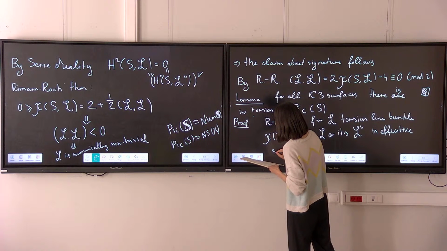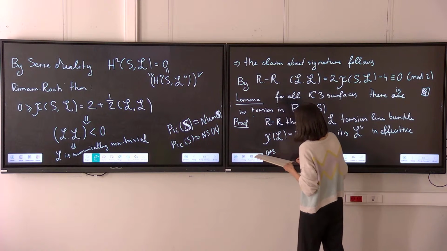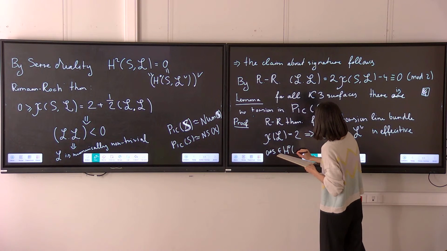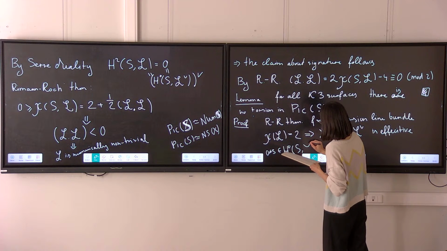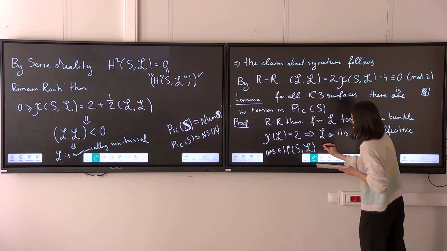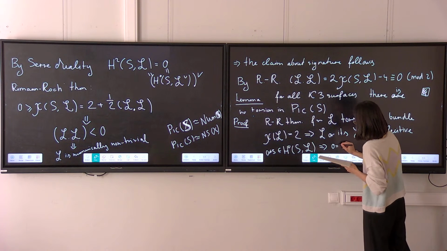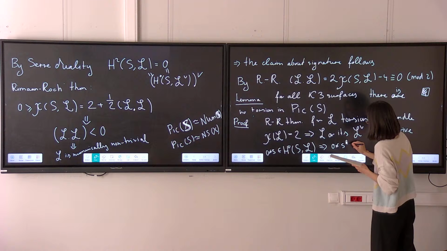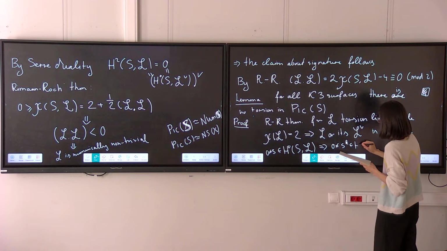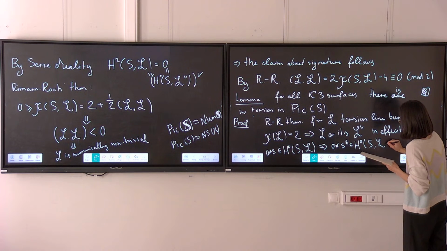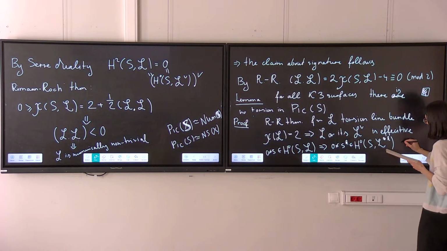But suppose that there is a global section for L on S. Then it induces a non-zero section of its powers, right, for all.